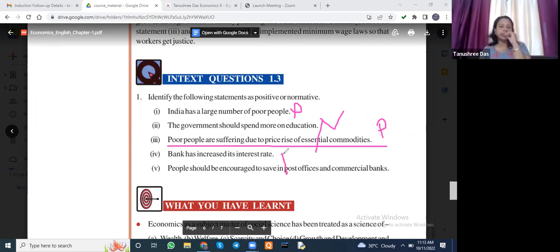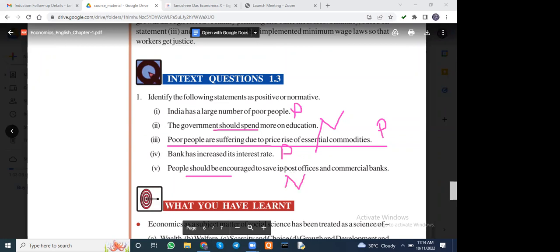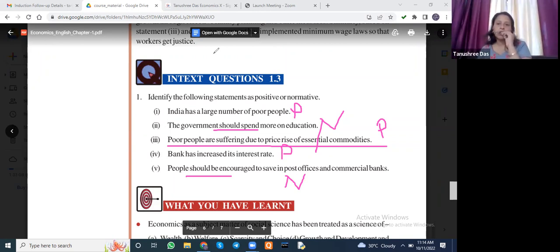The statement is claiming that the bank has increased its interest rates. People should encourage. When there is should or ought to be, it means these statements are normative. Okay.